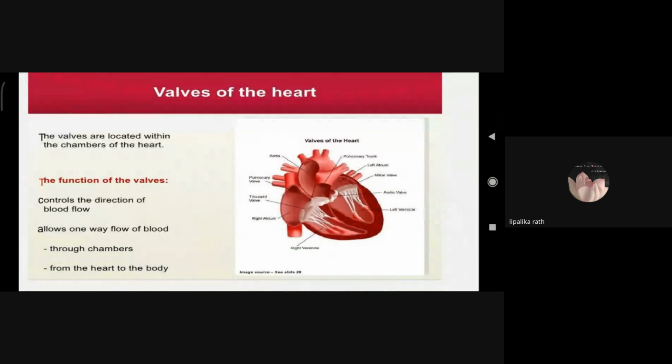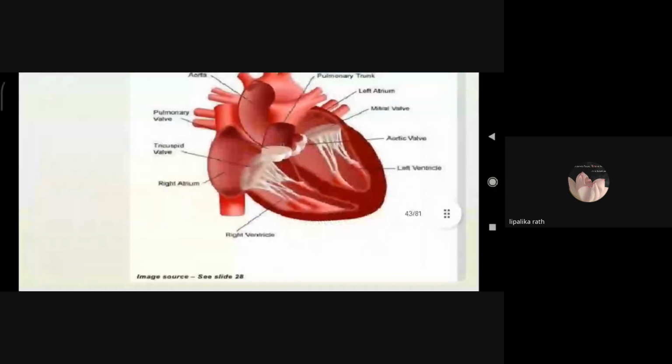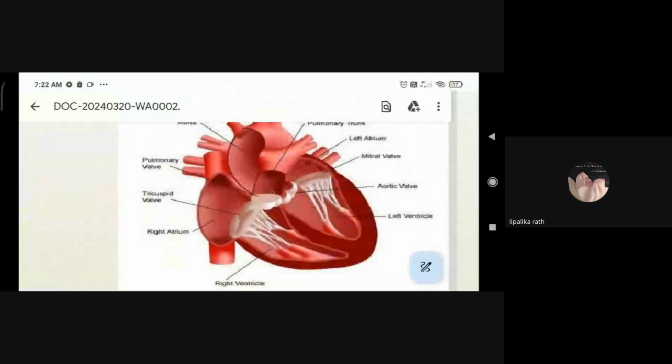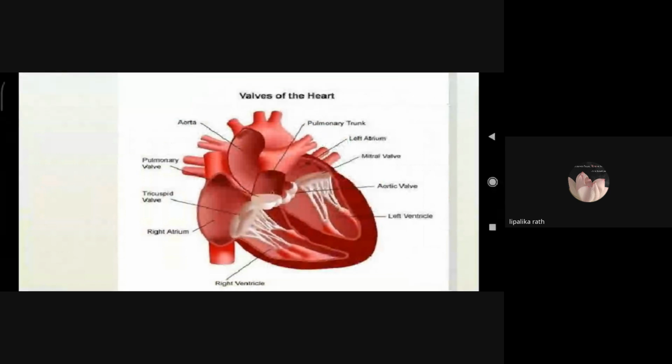the valves are located within the chambers of heart. And what are the functions of valve? It controls the direction of blood flow. Now, in this picture, you can see how valves are located. Means they are connected from the lower side, how they are connected and how they are stretched.